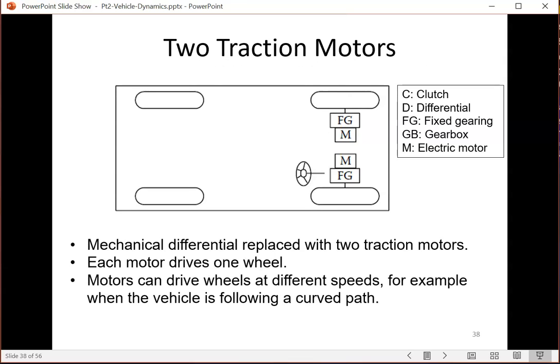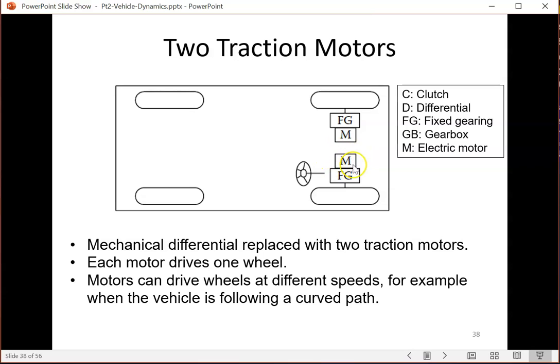Now if you think about electrical motors, because we can design them in different sizes, we can actually use two motors instead of a single one, one motor for each side of the wheel. So in this case, if you look at the diagram here, I have one motor here through a gearbox connected to the left-hand side wheel.